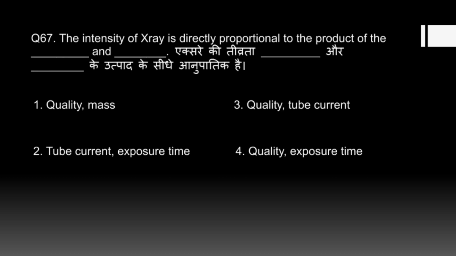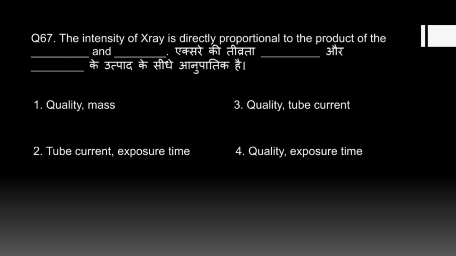Question number 67. The intensity of the X-ray is directly proportional to the product of what and what? So you have to tell what the intensity of the X-ray is directly proportional to. Options are: quality and mass; option 2 is tube current and exposure time; option 3 is quality or tube current; option 4 is quality or exposure time.